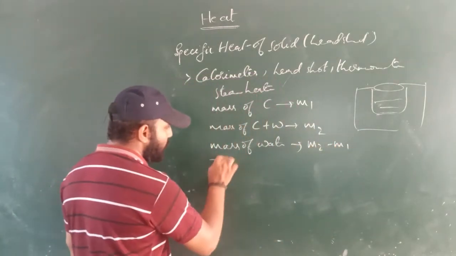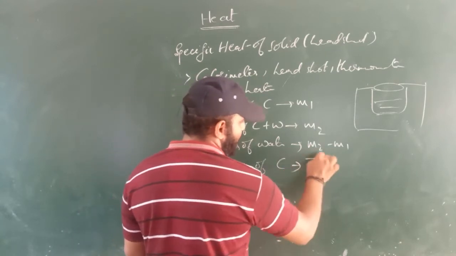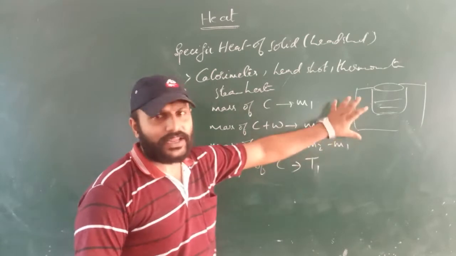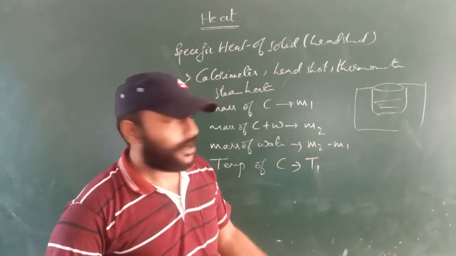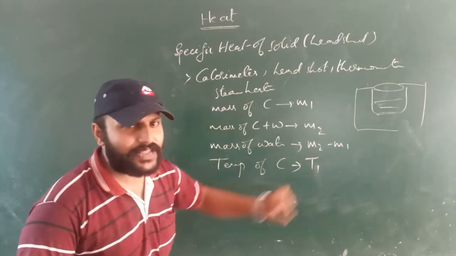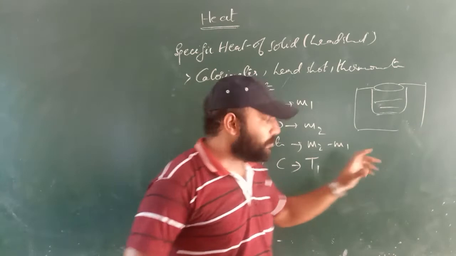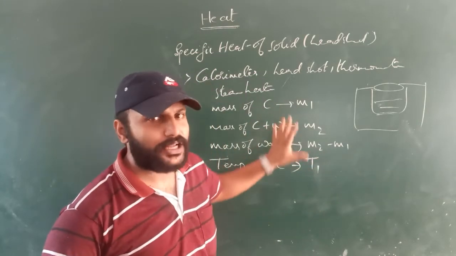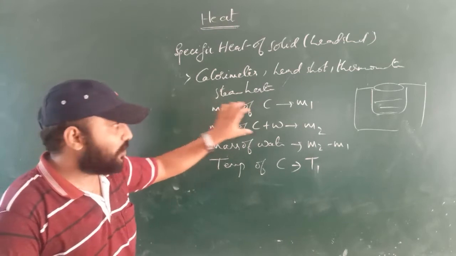Next, the temperature of the calorimeter. We are not doing anything here, so the temperature of the calorimeter will be the room temperature. I will take it as T1. The temperature of the calorimeter or the water in the calorimeter will be the same, so it will be T1. Up to here, understood? We have taken one calorimeter and measured its mass as m1.